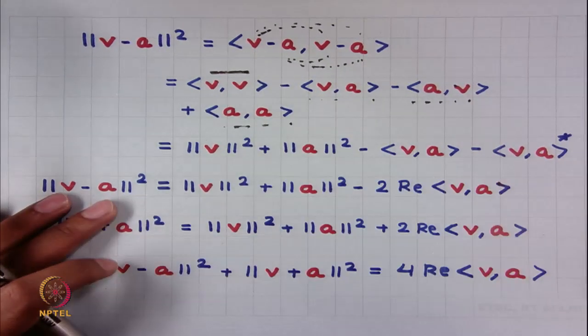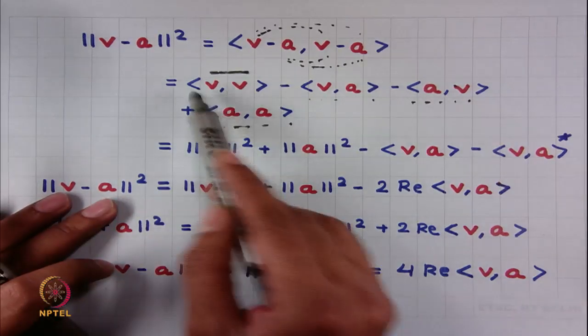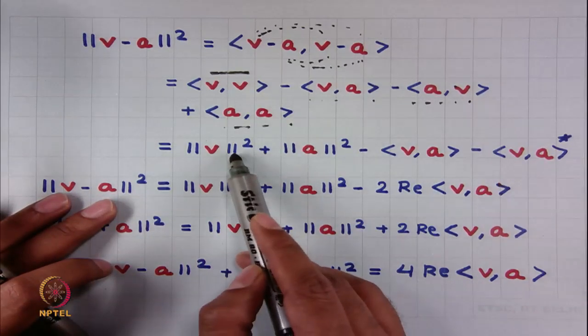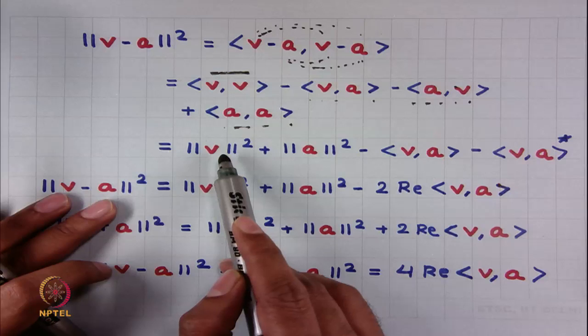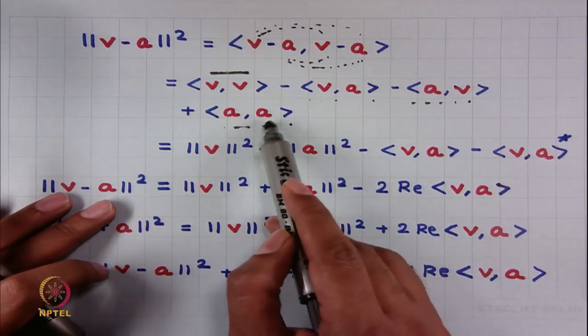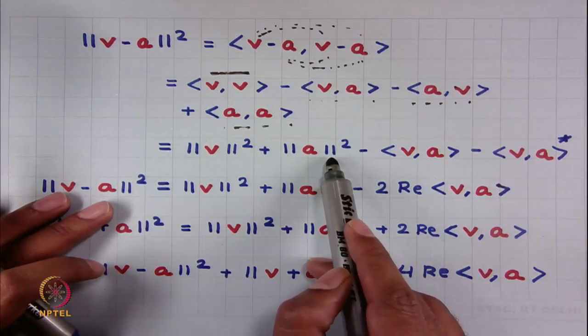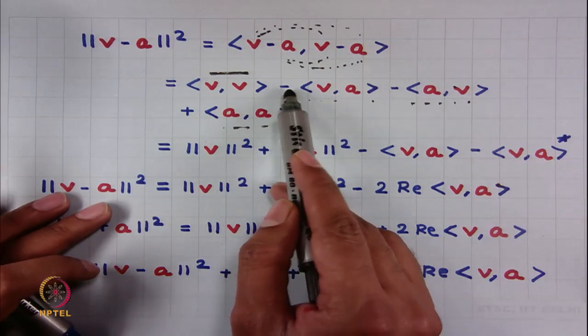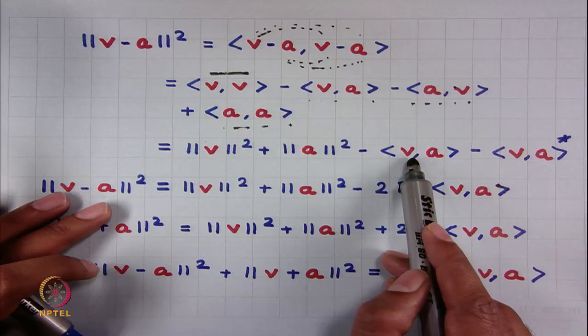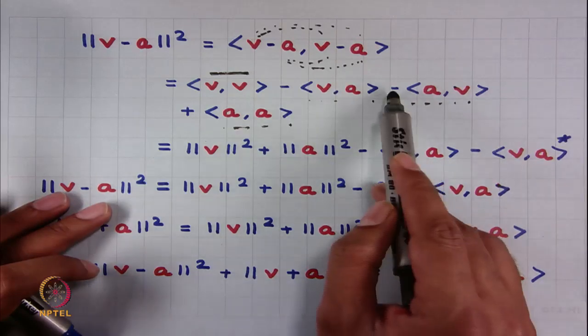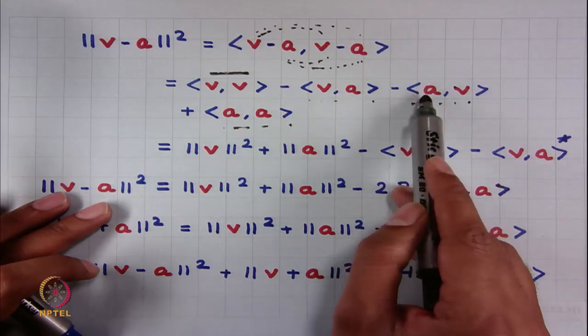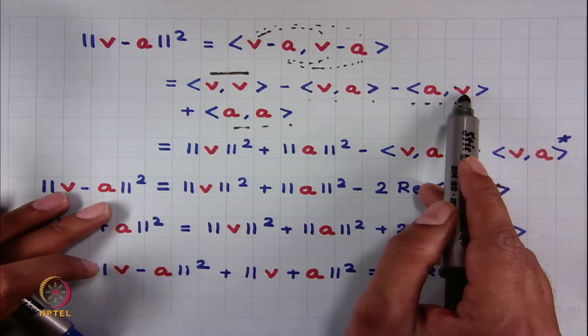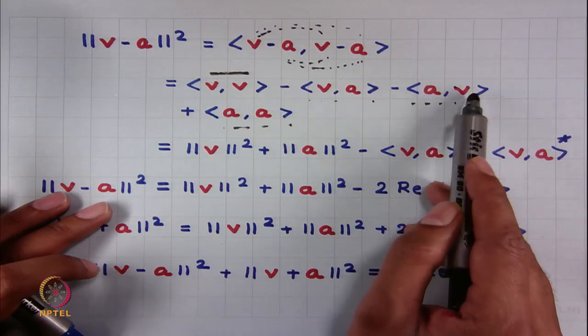So, we get 4 terms, and the inner product of v with v is nothing but norm square of v. The inner product of a with a is nothing but norm square of a, and we have this term in here. And what is the inner product of a with v? We know because inner product satisfies Hermitian bilinearity.